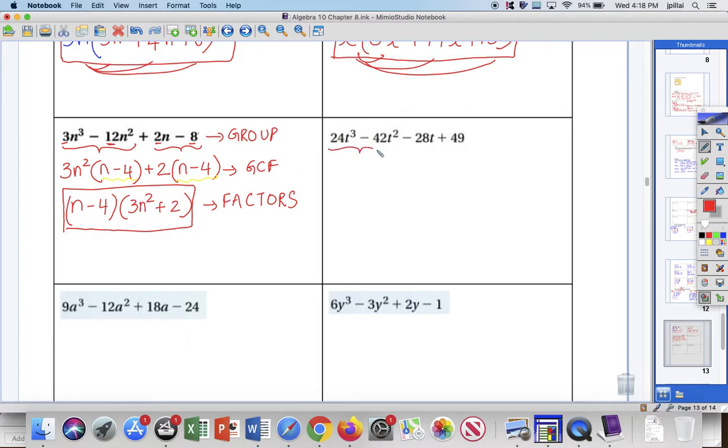Now look over here. I'm going to group them, and remember the sign always comes along. So 24 and 42. Don't be tempted to say 24, no, 24 is not the common factor. You know 2 goes into it. How about 3? Yes. How about 4? No. 5? No. 6.